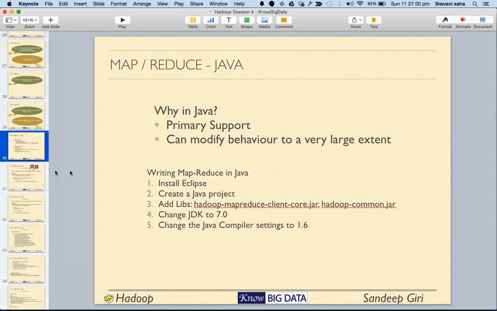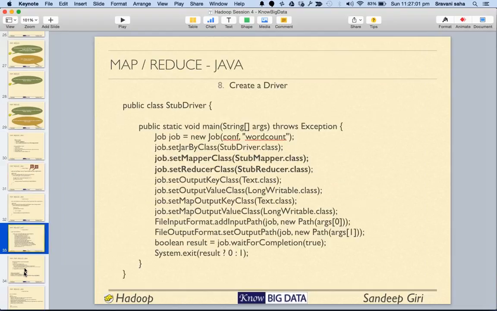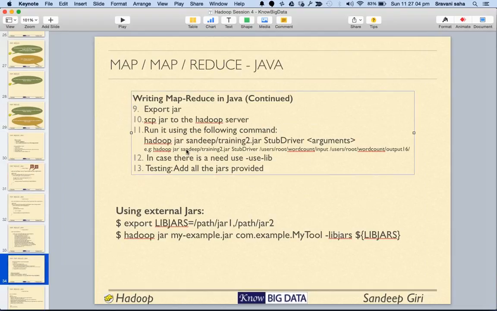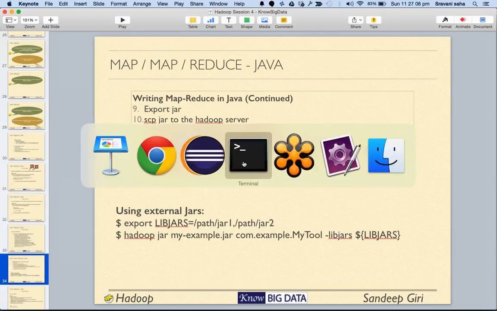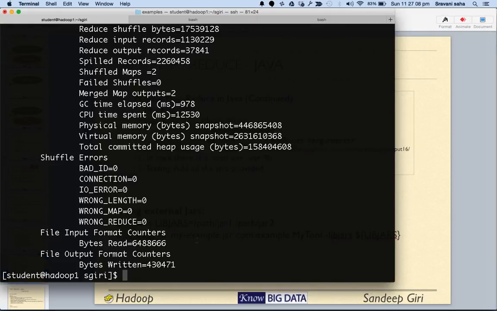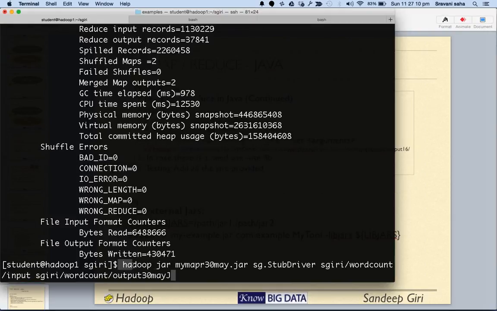Okay. So the way I'm running it is mentioned here also. I'm running it with Hadoop. Let me copy paste it for you. So the way I was running it is this way.